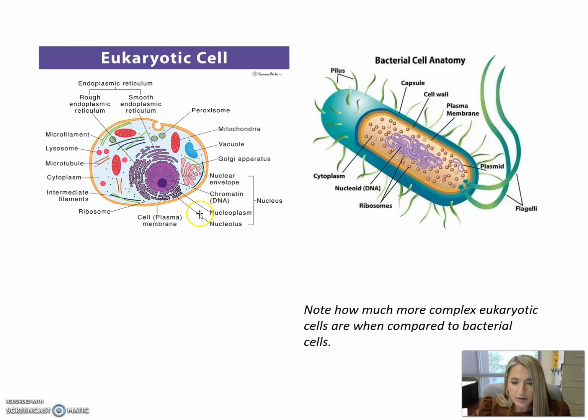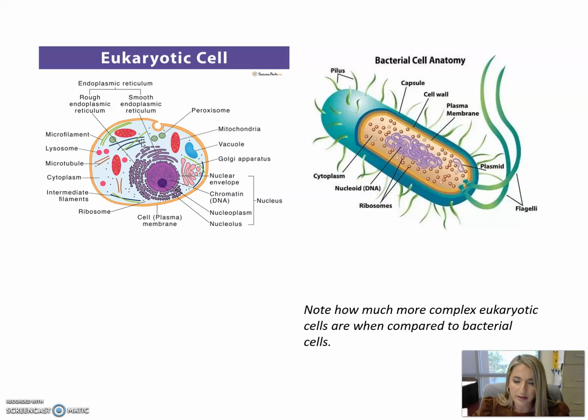When we look at a eukaryotic cell versus a prokaryotic cell or a bacterial cell, one thing I do want you to acknowledge is how much more complex eukaryotic cells are. Eukaryotic cells are typically much larger, and they have all these membrane-bound organelles, which you're probably quite familiar with. Things like a nucleus, endoplasmic reticulum, Golgi apparatus, mitochondria, lysosomes, and vacuoles.